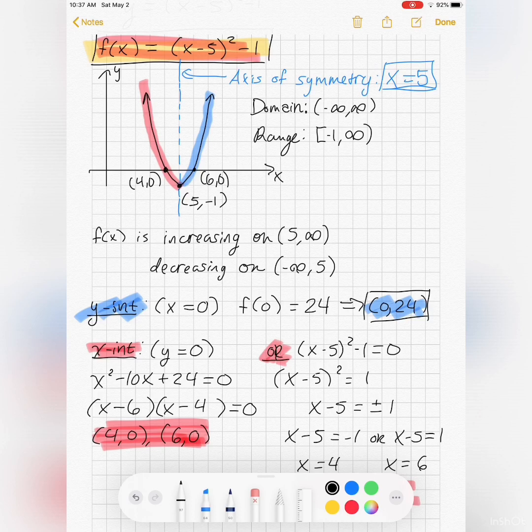I guess I could say this parabola has a local min of -1 at x equals 5. Okay, so just different information I can read off about that quadratic function.